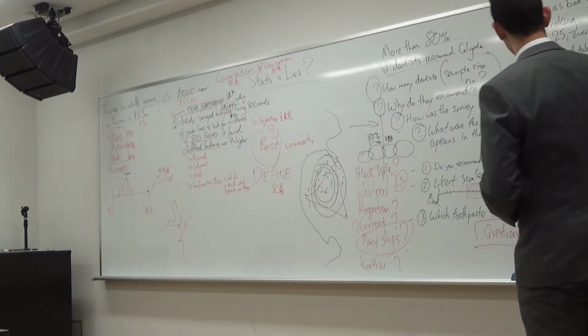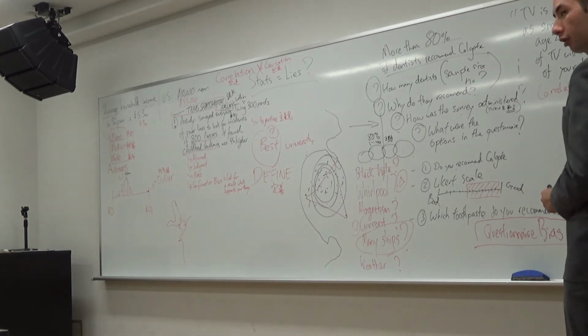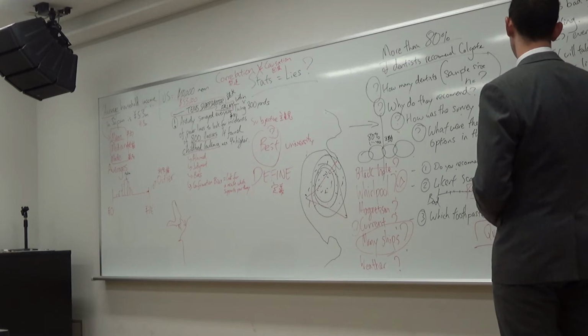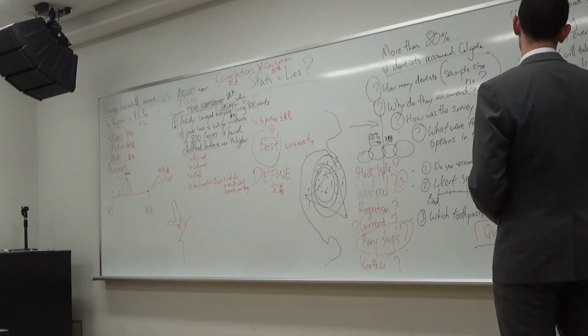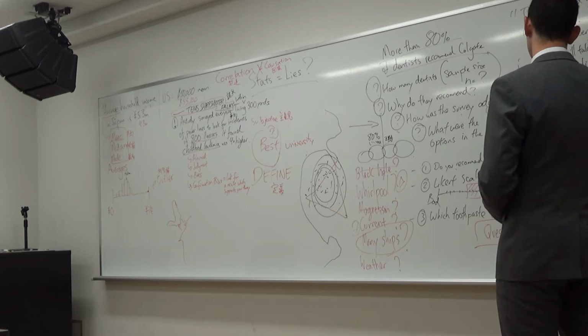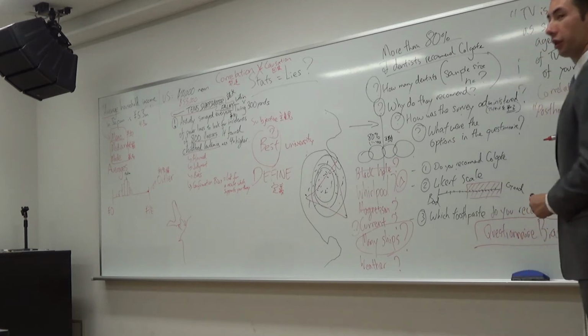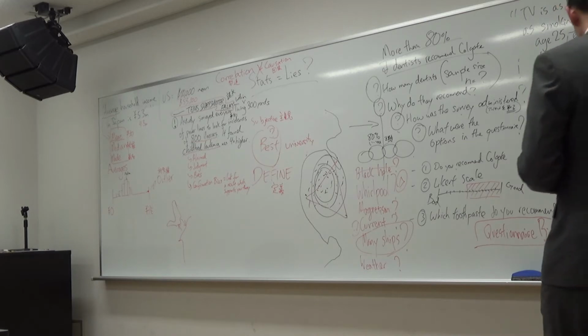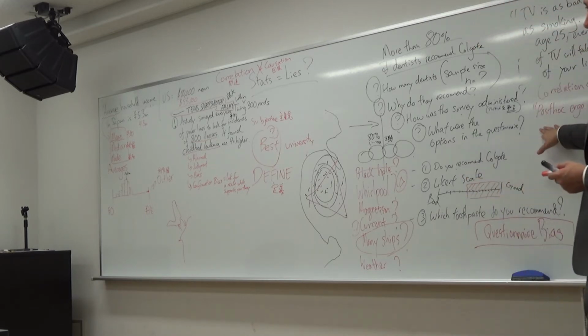When you confuse correlation with causation, it's called post hoc ergo propter hoc. I know this is very difficult, it's Latin, nobody uses it, but when you're thinking about logical thinking, this is an error, this is a fallacy. Right?